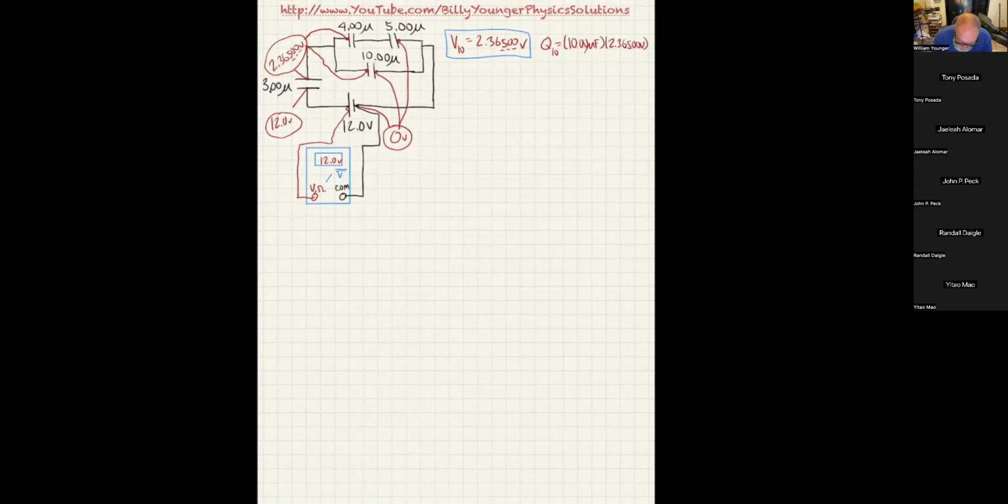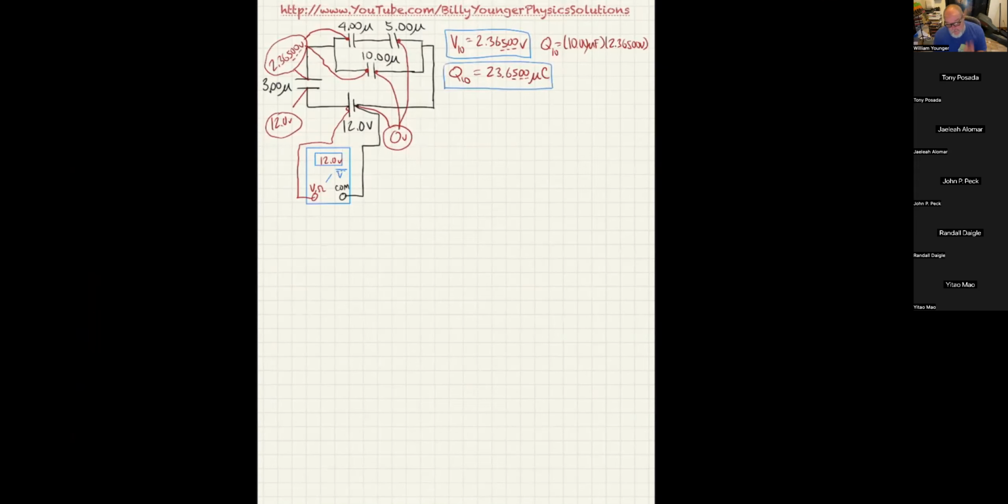And that gives us Q10 is equal to, obviously, 23.64. So 23.6500. Again, we're only entitled to probably 3 sig figs, so I'll underline all those. And this comes out, notice the micro was in there, so the micro stays and it becomes a microcoulomb.